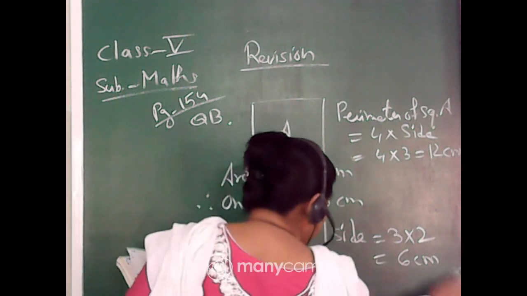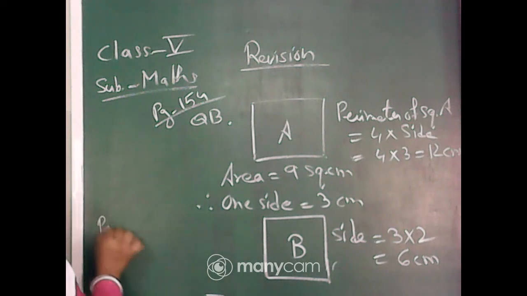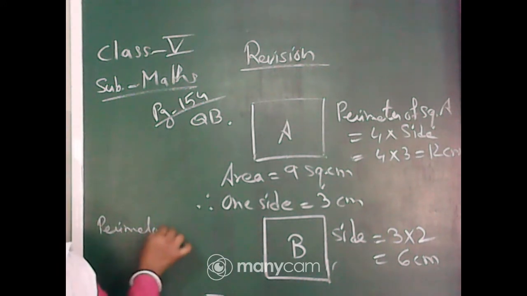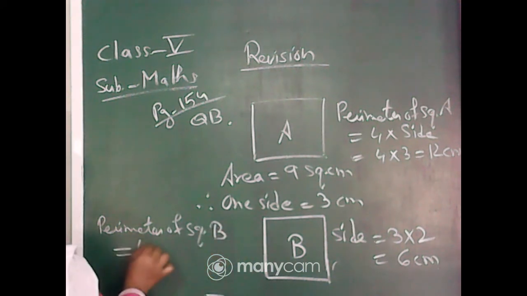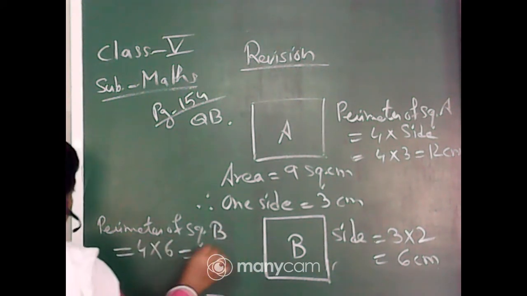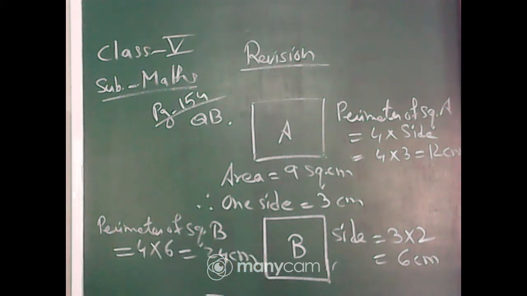The board is not visible properly, so let me write here. Perimeter of square B is equal to 4 into 6, that is 24 centimeter. So these are the perimeters of both the squares.